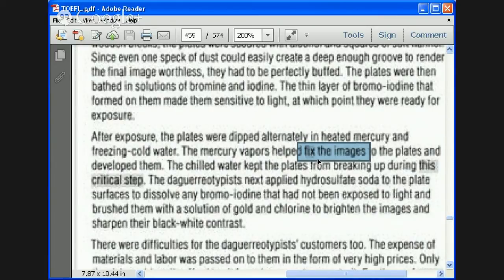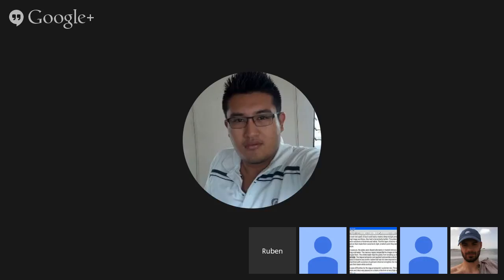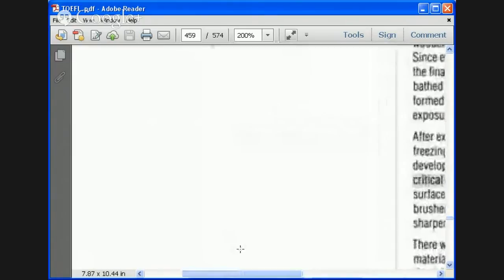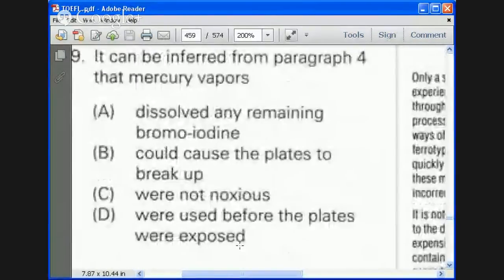Yeah. All right, but remember they're doing 2 things. Okay, they're making it immobile, so it can't be moved. All right, and they're developing the images. So they make the images immobile and they also develop them. Okay. In other words, my strategy is to kind of rephrase things in my brain. Even though you're going to see it a different way in the answers, it will be much more easily recognizable.